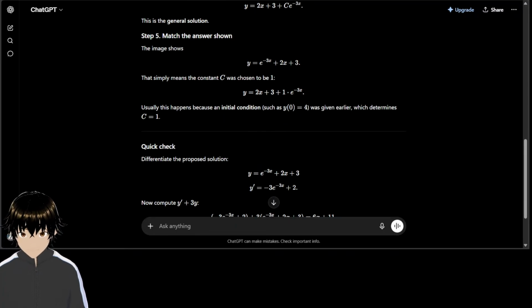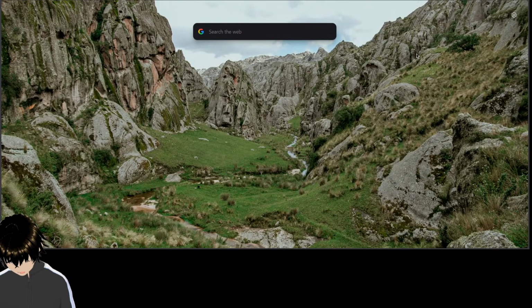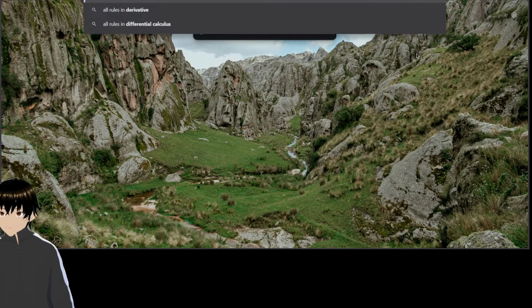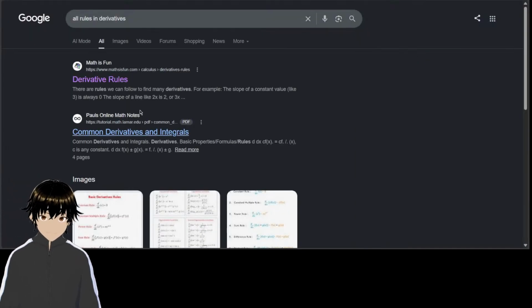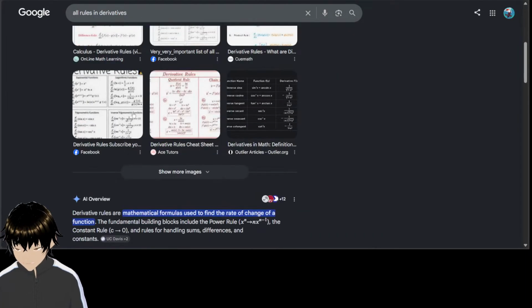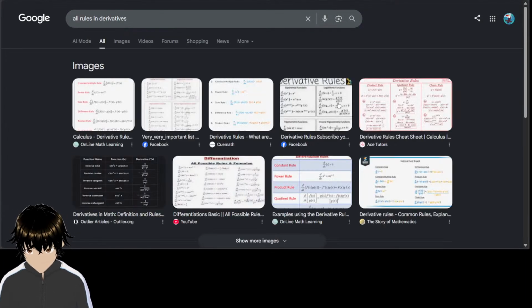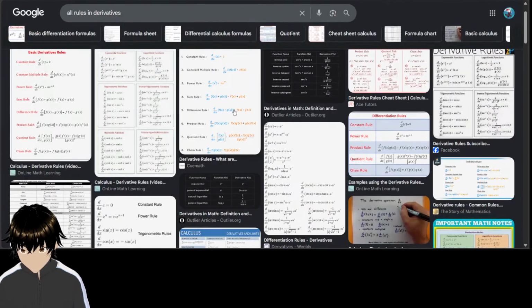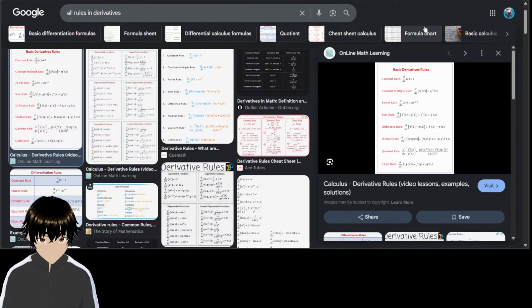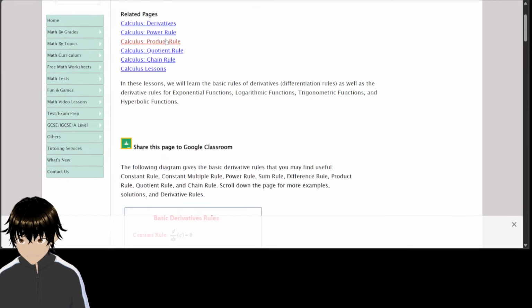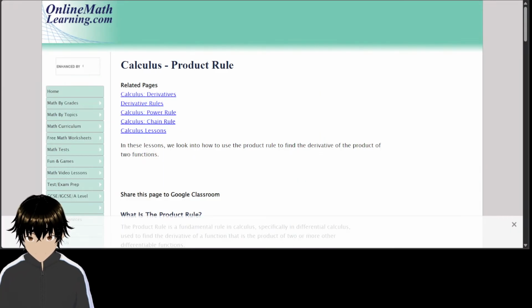Using product rule. What is the product rule? This whole website doesn't even cover all the derivative rules that are available. That is so bad. You are so bad for that. Here's the product rule.